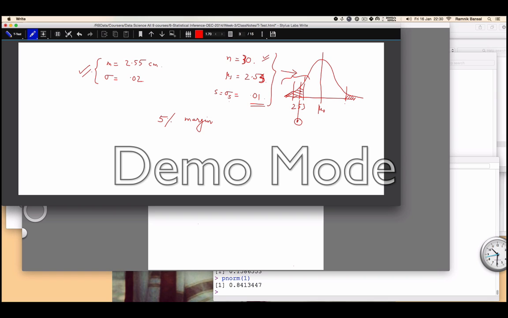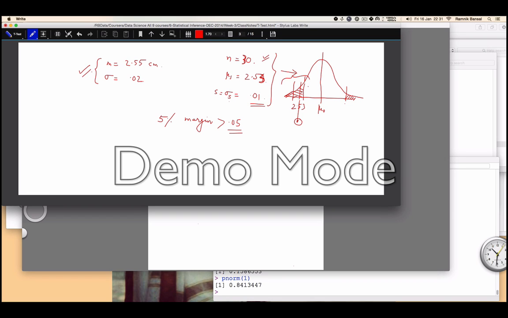Now, what is this probability? I need to find that out. If the probability of getting the values in this region is greater than the error margin, which in my case is 0.05, then I'm saying with some confidence that this is fine, because I have an error margin only of 0.05.